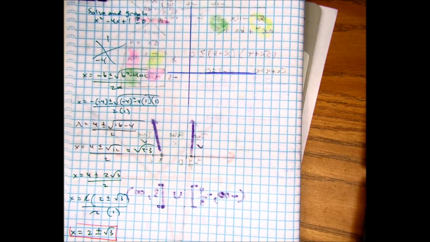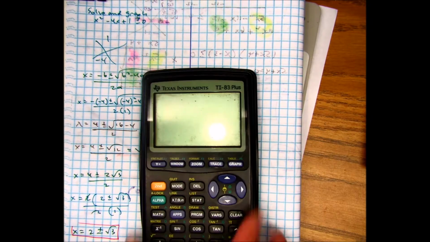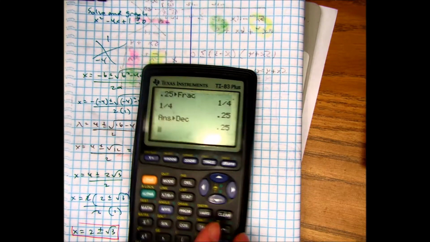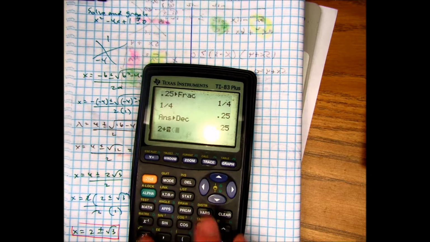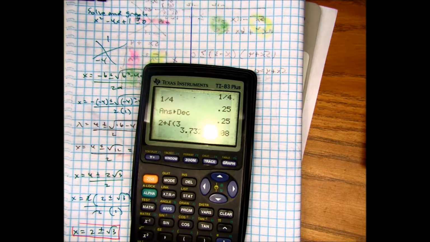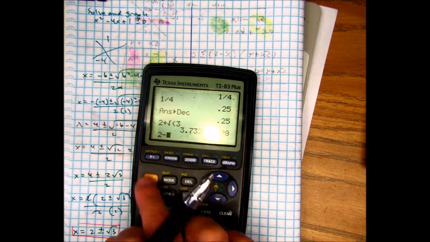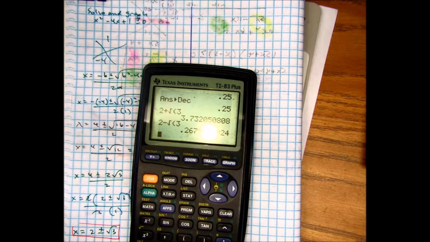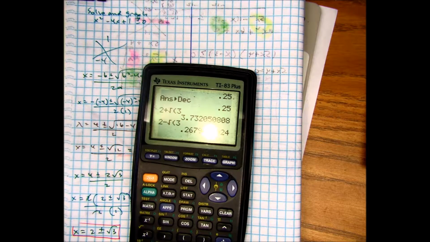So it is okay if you're getting a decimal to help you understand where it's at. 2 plus radical 3 is 3.73. And 2 minus radical 3 is 0.27.